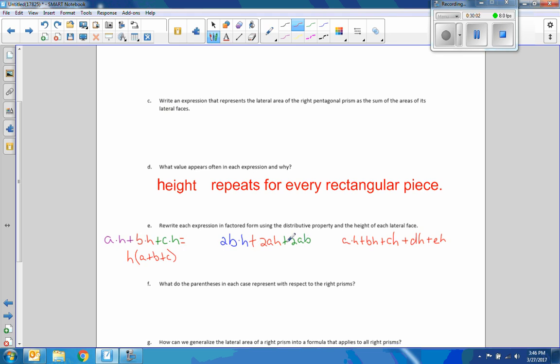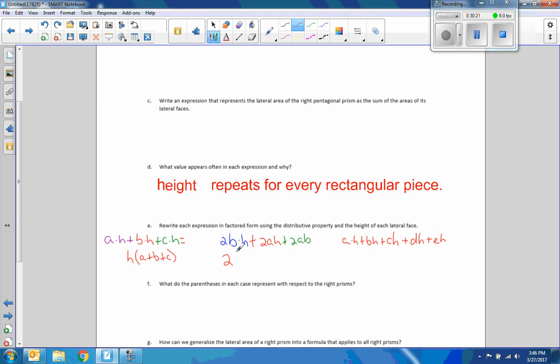And if I factor out the common factor here, it's 2. Each has a 2. Each has an h. That's an h, not a b. So I can factor out an h from everyone, and I'm left with b plus a plus, oh wait, that is a b. Take that back.